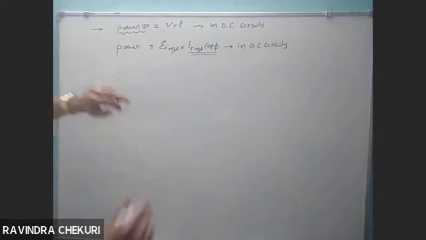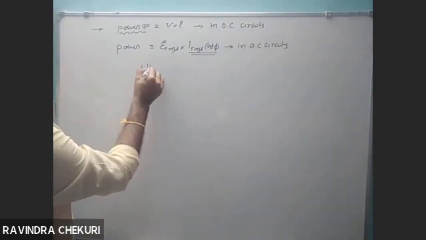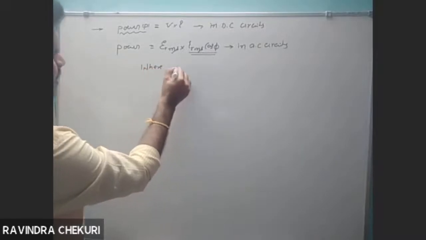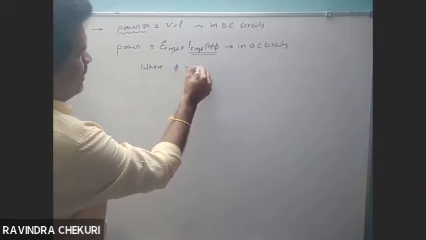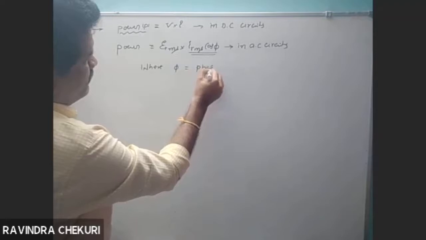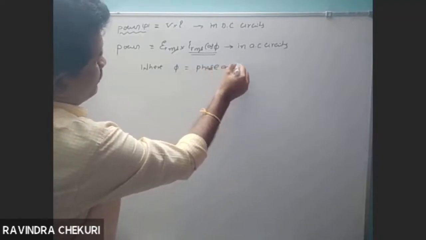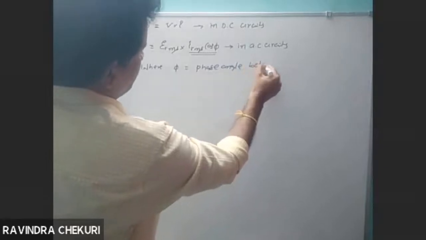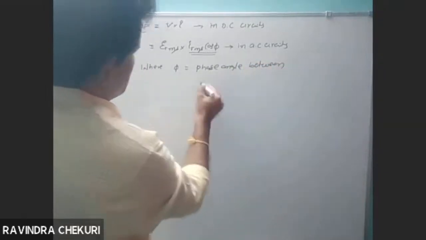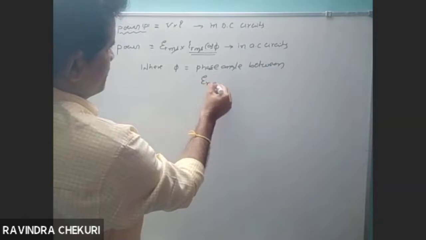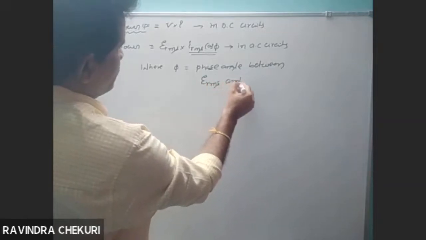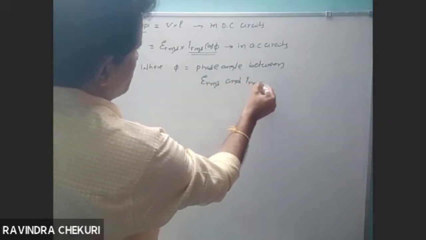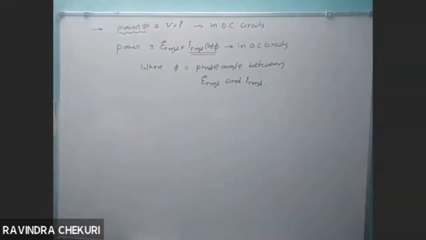ERMS into IRMS into cos phi. What is phi? Phi is the phase angle between ERMS and IRMS.